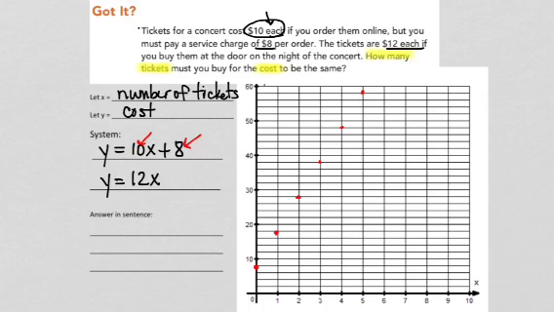My other equation is y equals 12x. So my y-intercept is 0. And then I'm going to go up 12 and over 1. And I continue that pattern. Up 12 and over 1.